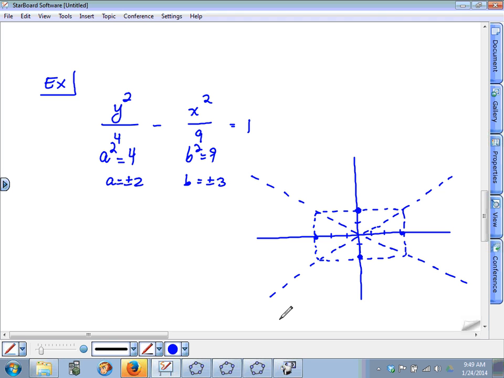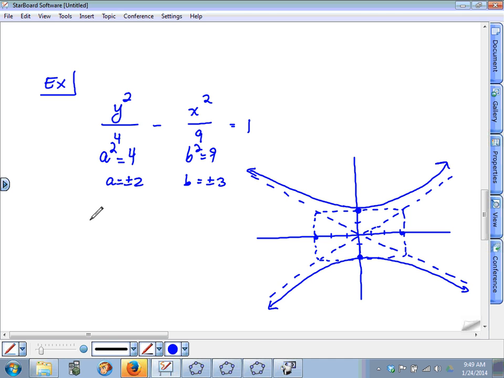This is going to be a pretty wide hyperbola because it's got to follow the up and down asymptotes here, so it comes like that, and like that.